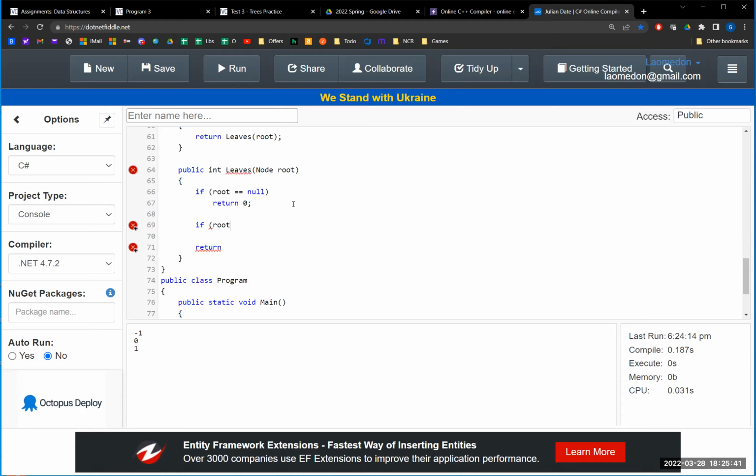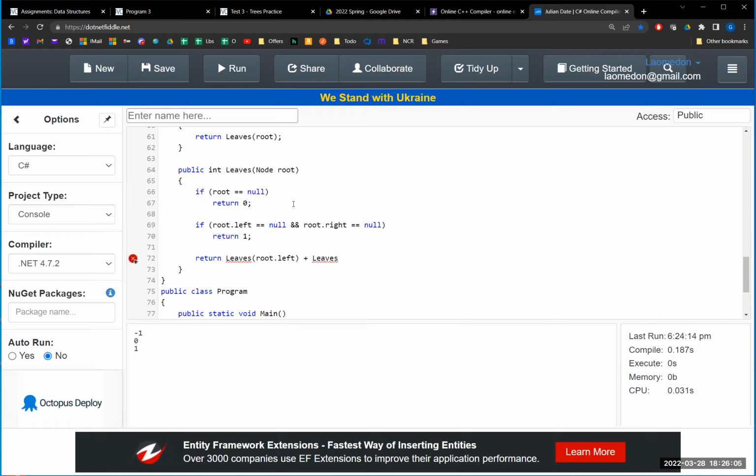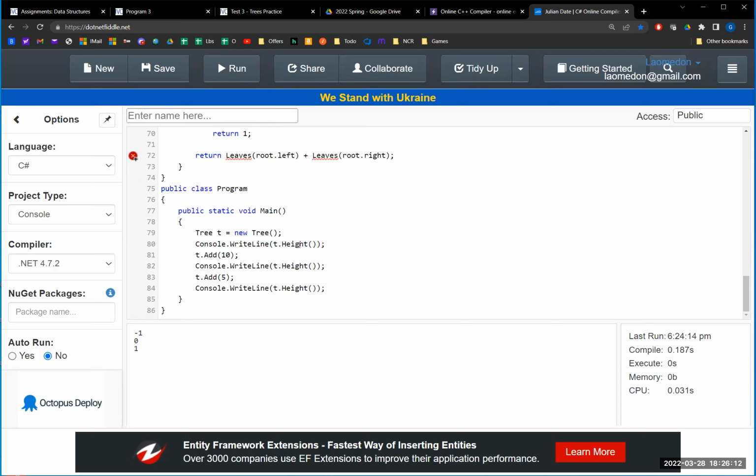So if we are a leaf, that means left is non-existent and right is non-existent. Then we are a leaf. And then otherwise we'll return the sum of however many leaves there are on either side. All right, so we can add leaves into our, let's see.